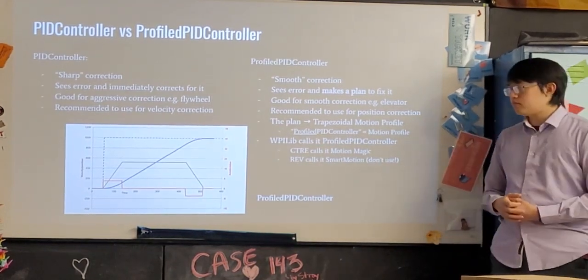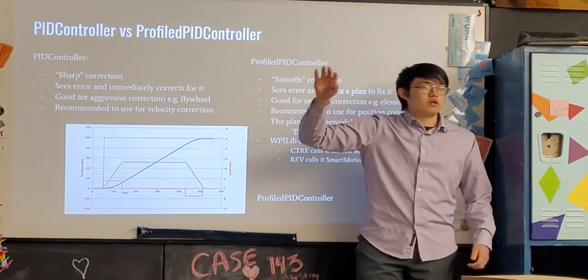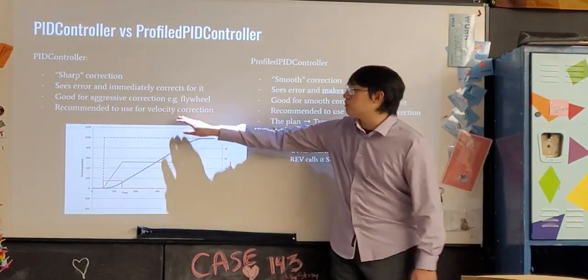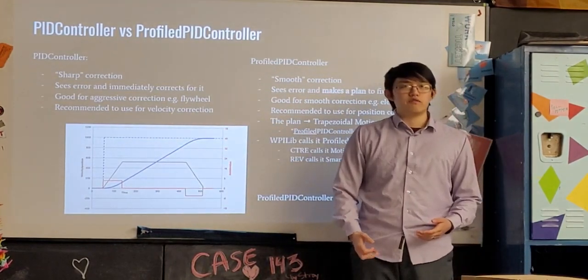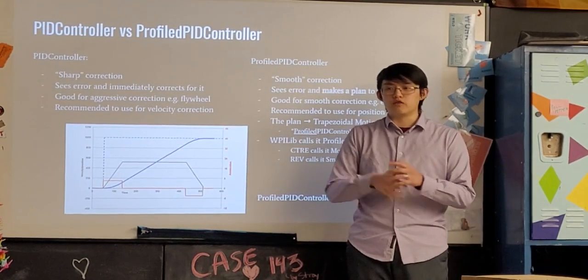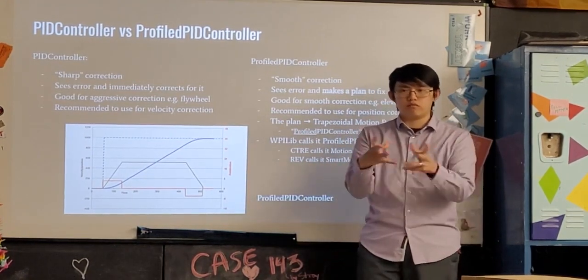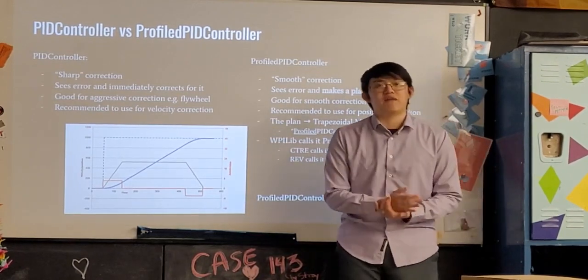Okay. Because normal PID controllers are very aggressive in their correction, very immediate, they are really good for velocity correction. For example, a flywheel, right? If you're spinning a flywheel at a really high speed and you just shot a ball, and that resistance slows down your flywheel, you want to ramp back up really fast.